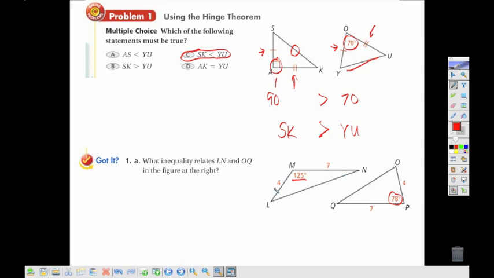Now we do need to double check for, that's good, 7 and 7. So we have congruent sides, we have the angle between them. Since 125 is bigger than 78, we know the side opposite, LN, is greater than the side opposite here, QO.